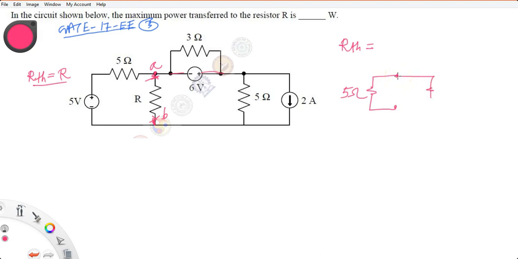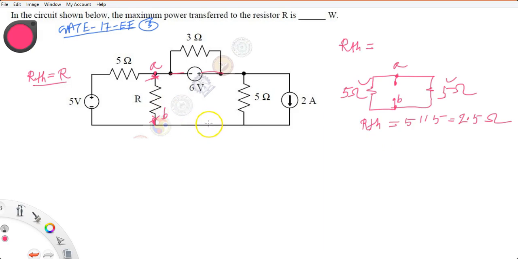Then another 5 ohm here. So this is your A and B. What you see here, 5 ohm and 5 ohm are in parallel. So your RTH is equal to 5 parallel 5, that is 2.5 ohm. This is the value of R for maximum power transfer.